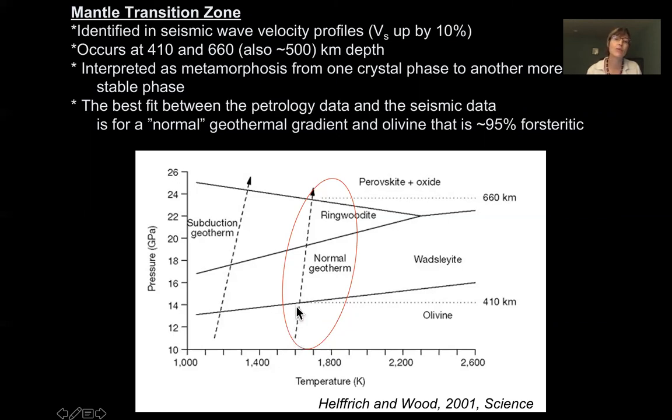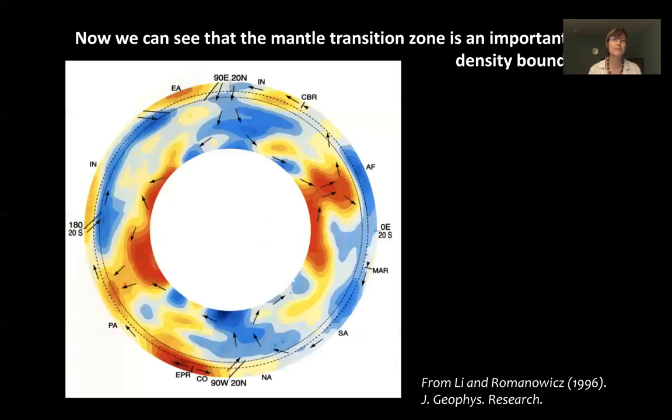And we see that we're crossing these boundaries from one mineral phase to another at exactly the right depth. And this works best when we use an olivine that is approximately 95% forsterite, and that's some work by Paul Asimov at Caltech, among others.